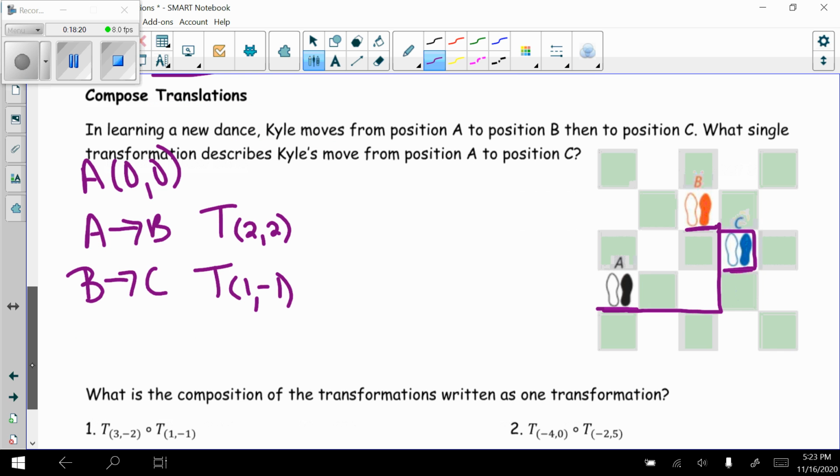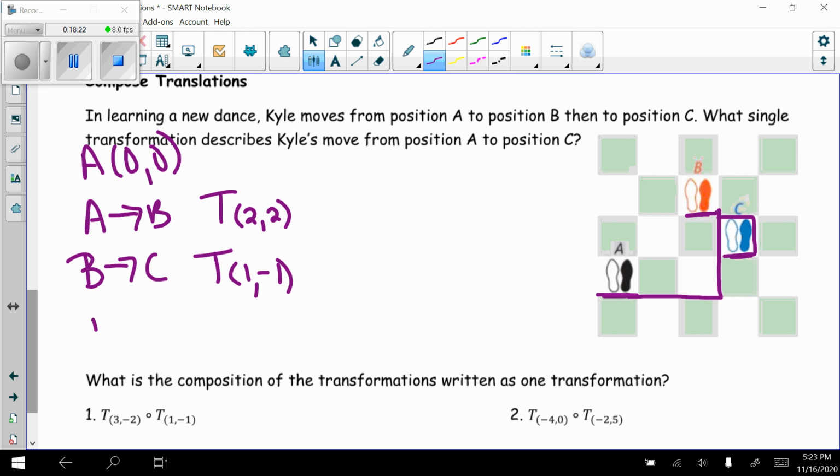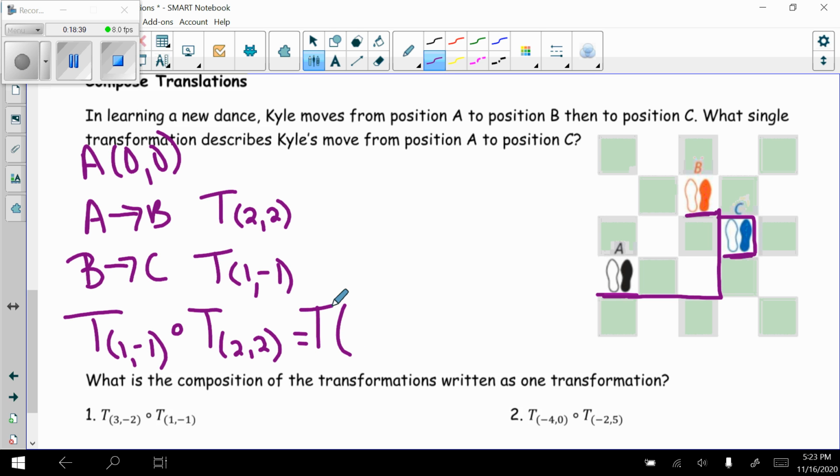So if I want the composition of the transformations (1, -1) and (2, 2), I add these together. 1 plus 2, I went to a 3, so this was an x plus 3.